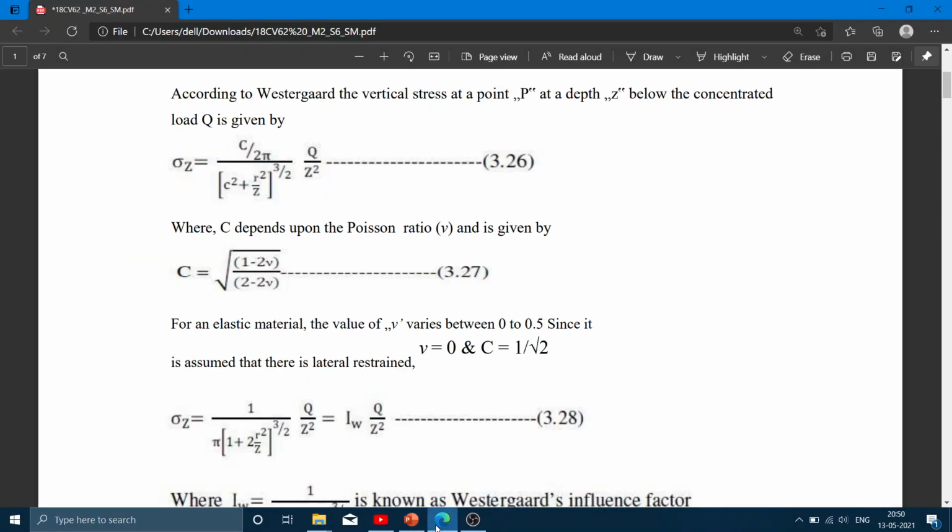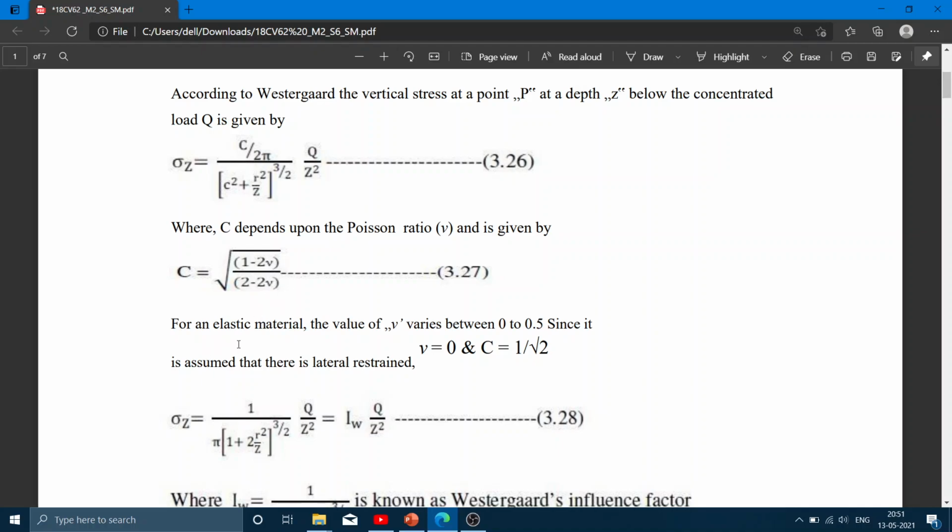According to Westergaard, the vertical stress at point P at a depth Z below the concentrated load Q is given by sigma Z is equal to C by 2 pi divided by (C square plus R square divided by Z square) to the power of 3 by 2 into Q by Z square, where C depends upon the Poisson's ratio nu and is given by C is equal to root of (1 minus 2 nu) divided by (2 minus 2 nu).